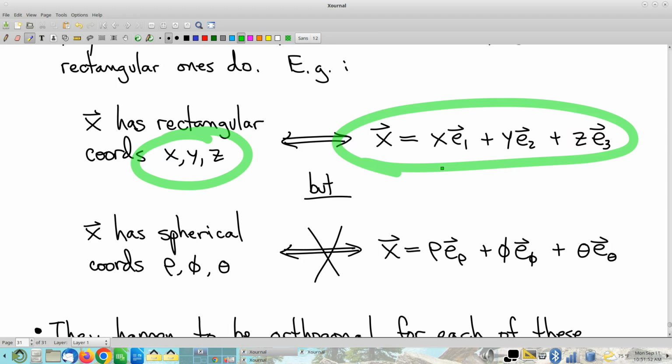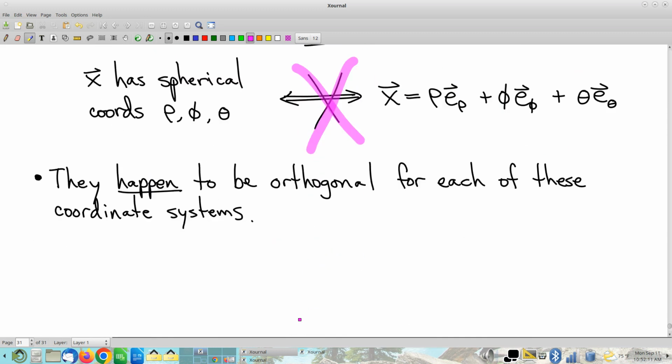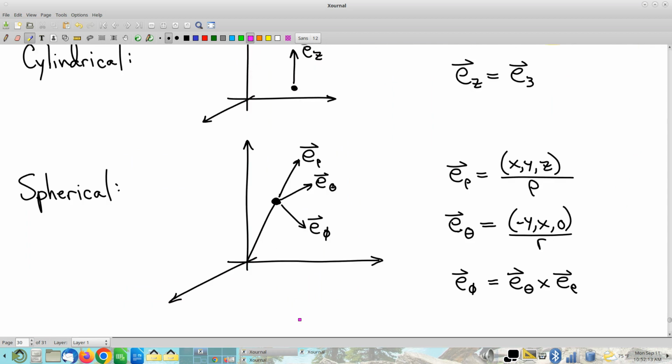In other words, with rectangular standard basis vectors. Nothing of the sort works in any other of the coordinate systems that we've talked about. So you just have to deal with the disappointment. Nevertheless, there are places where these can be useful. Again, I want you to be aware of their existence.